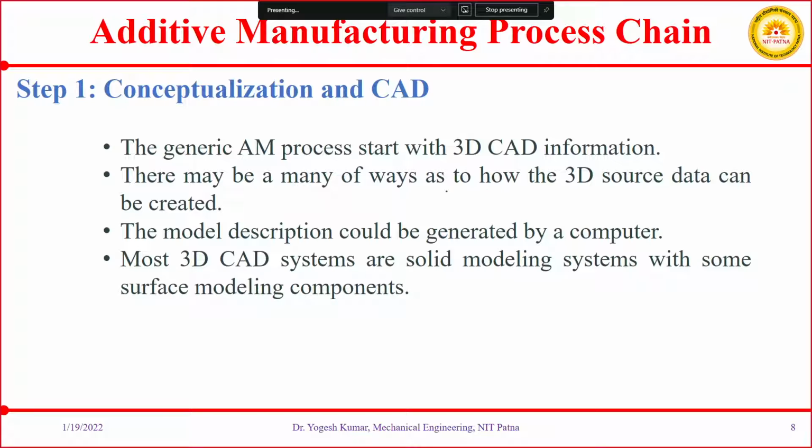I hope all of you have done the engineering graphics lab in your first year course, and there you might have studied how to create a CAD model, 3D modeling. You might be aware how to create a 3D model in AutoCAD or SolidWorks, or any other software that you might have used during your first year course.